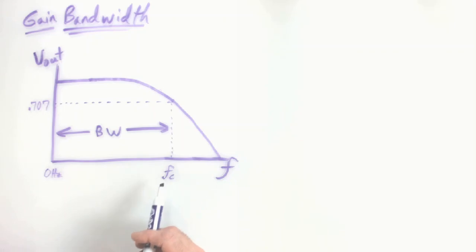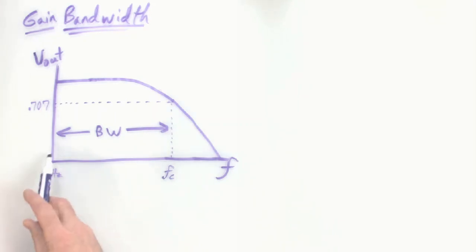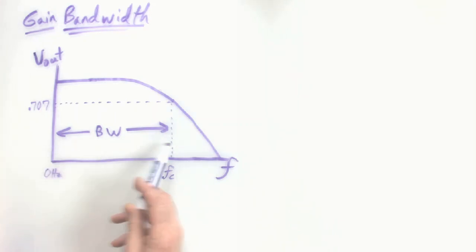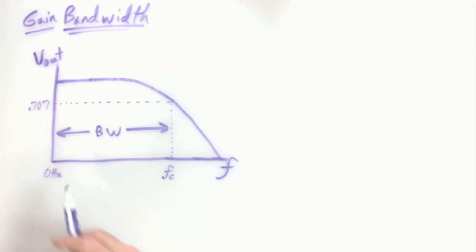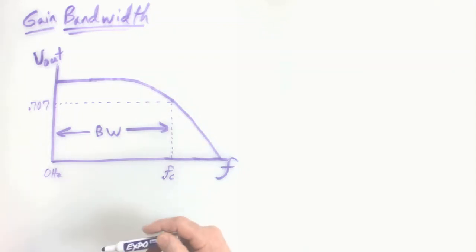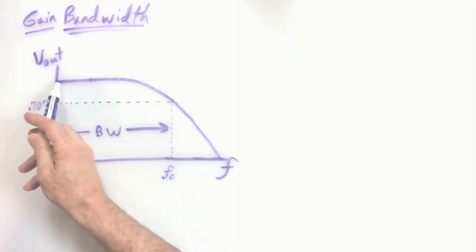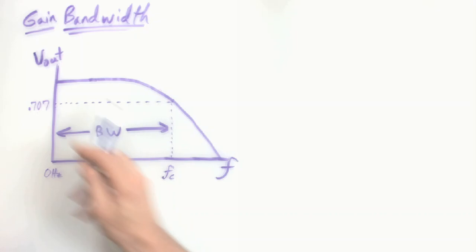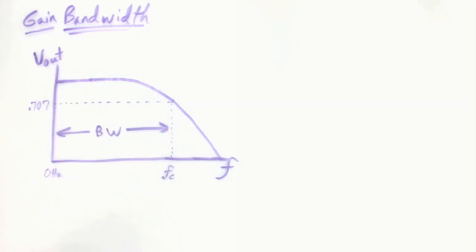So it's true for op amps that this cutoff frequency is the bandwidth. Bandwidth is always the width of the frequency range where the signal stays above 0.707 of what it is in what they would call the pass band up here.